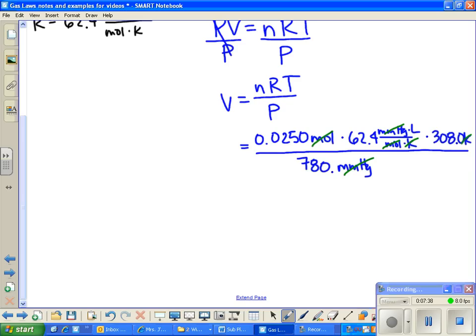The answer with correct significant digits, since they all have 3, and you should not be using R for its exact, is 0.616 liters.